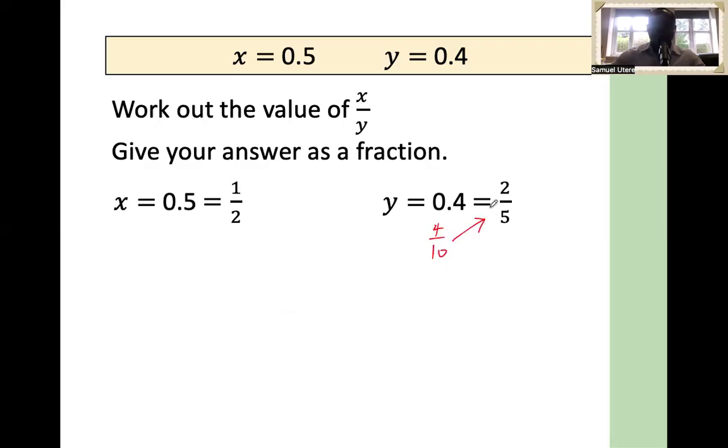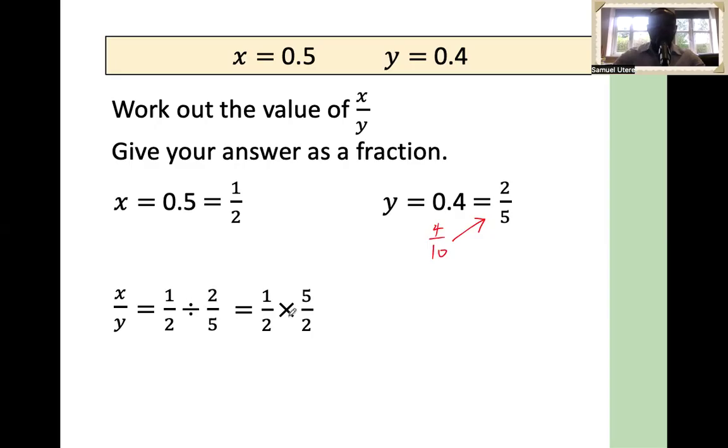Now we can write our calculations. Remember, this line represents division. So we can write x, which is a half, divided by 2/5, which is y. This line in maths represents division. I'm sure you know that from year 7. And of course, remember, dividing by a fraction is the same as multiplying by its reciprocal.